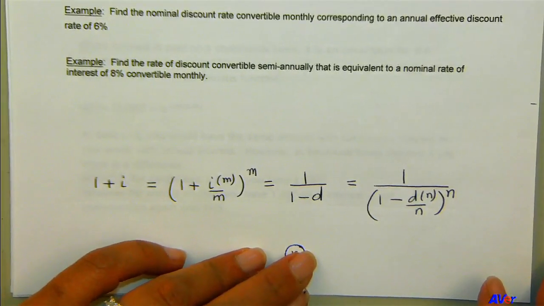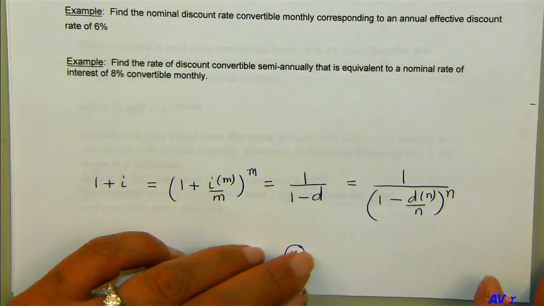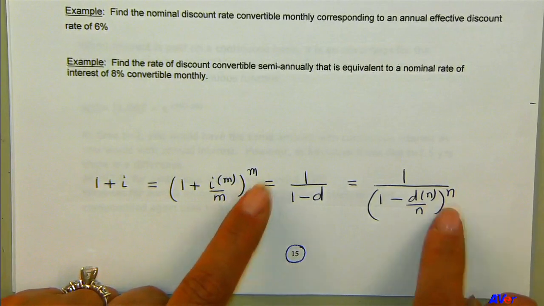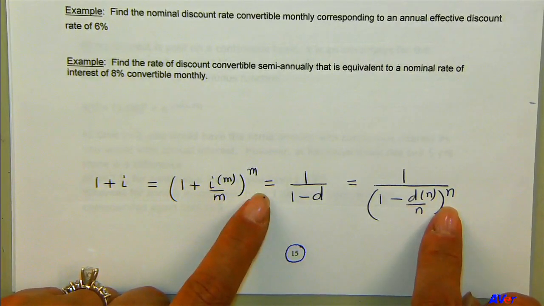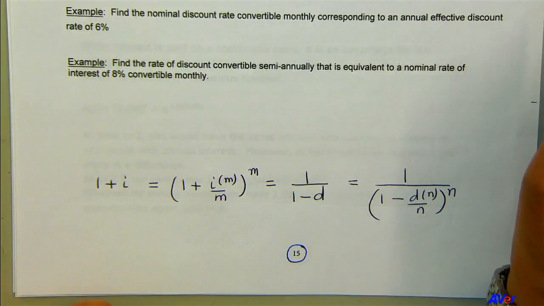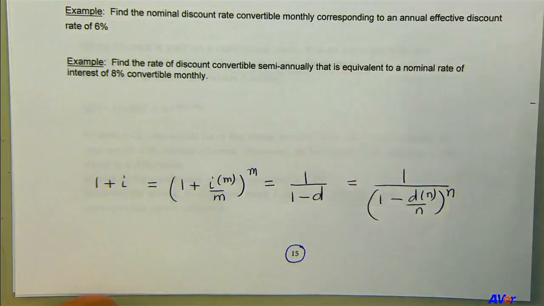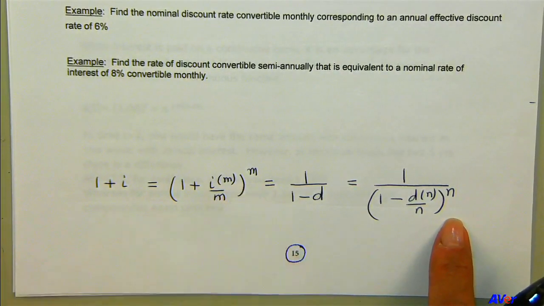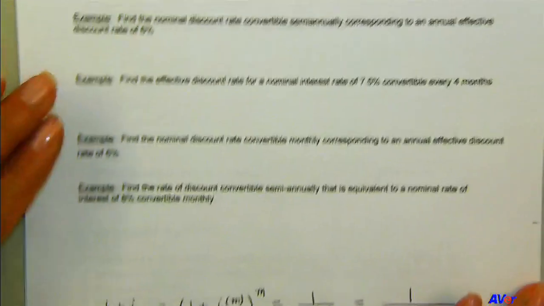Perhaps you want a discount rate convertible quarterly, and perhaps i is a nominal interest rate convertible monthly. It might say you have a nominal interest rate convertible monthly, convert it to a nominal discount rate convertible quarterly. That's why these are different. Are you with me? Okay. So back to our problem.